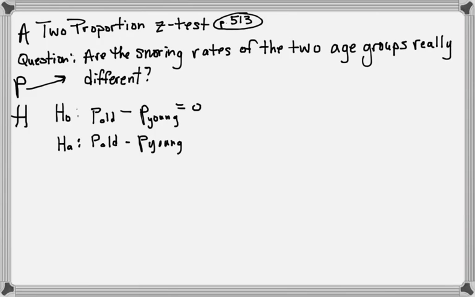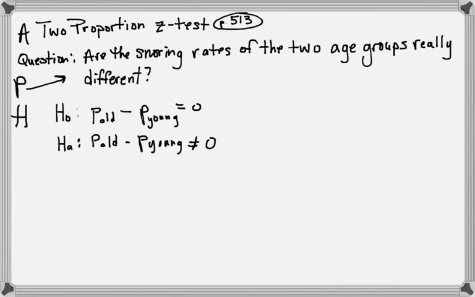In this case, we believe that as you get older, typically you're going to snore more, but that's the question they're trying to ask. So we're going to play this one safe, and we're simply going to say, is there a difference in the young group and the old group? I'm not going to say that you're more likely to snore when you're old, because that would be assuming a little too much for this particular problem. So it's always safe to play the not equal to alternative, and that's what we're going to go with.